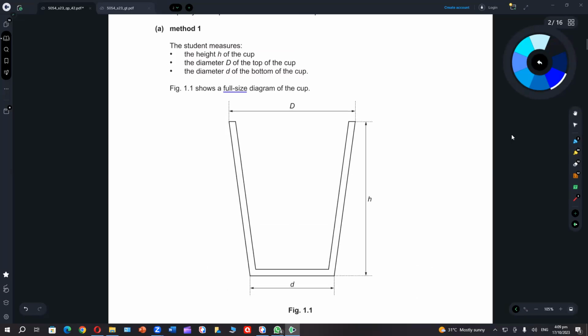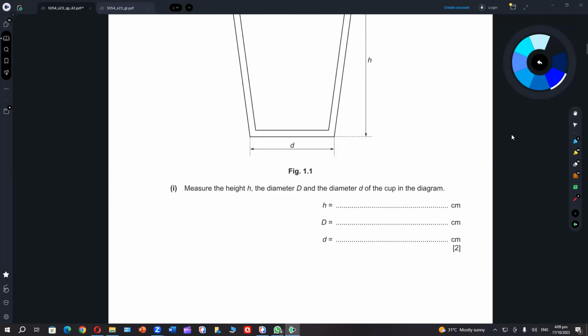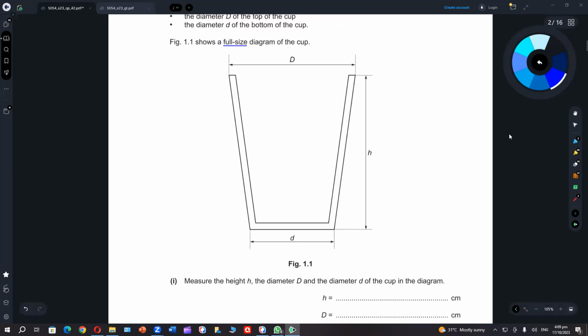So the figure is a full size diagram of the cup; measure the height and the diameters. You have the printout, so please put the ruler.